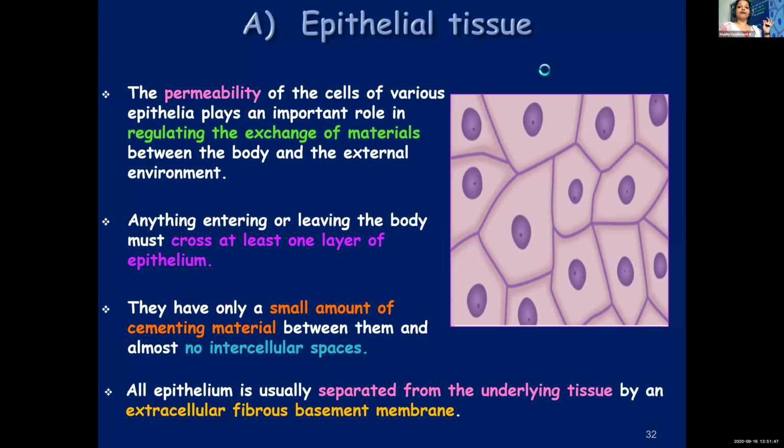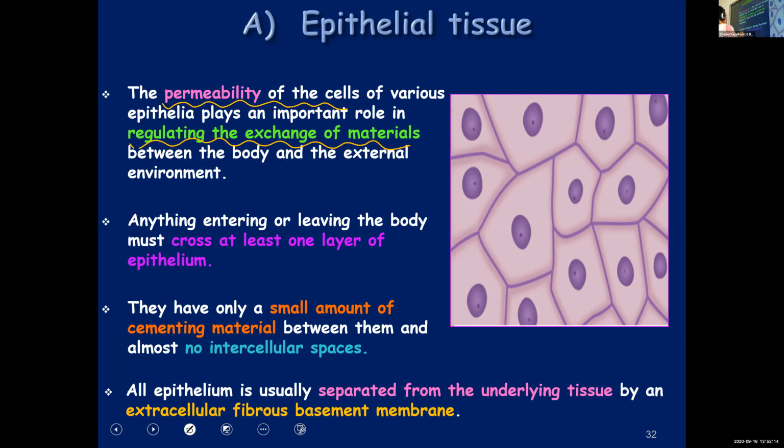Extracellular fibrous basement membrane. So three parts are there: extracellular, fibrous, basement membrane. Once again, we will see all the points mentioned in this slide. The permeability of the epithelial cells plays a very important role in the exchange of materials.